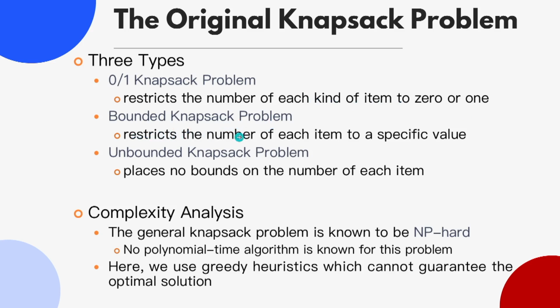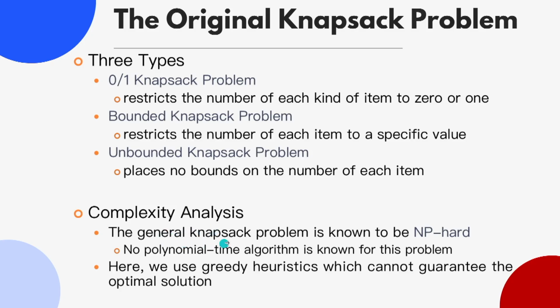Another class of knapsack problem is the bounded knapsack problem. Here a boundary is set up for every item, so there is a restriction on the number of each item to a specific value. There is another class which we call the unbounded knapsack problem, where there is no boundary on the number of each item.